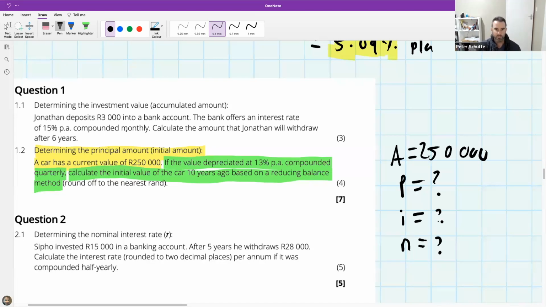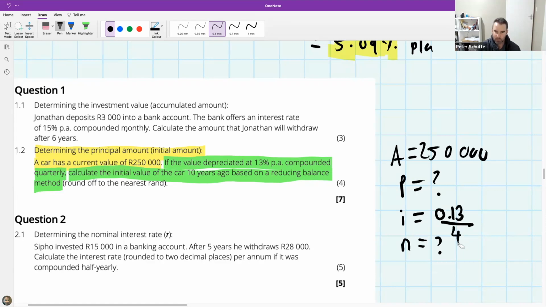I'll let you think about that first. So if you think about the interest rate or the depreciation rate, it's not going to be 0.13 in this case because it's compounded quarterly.